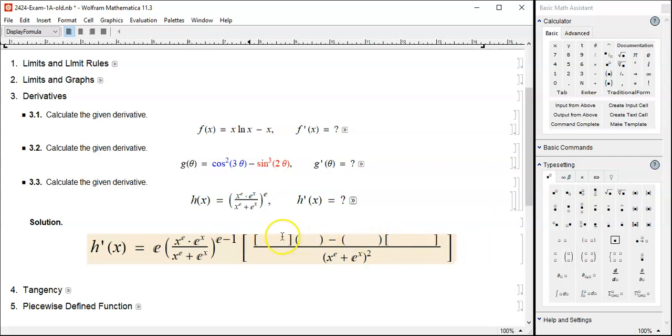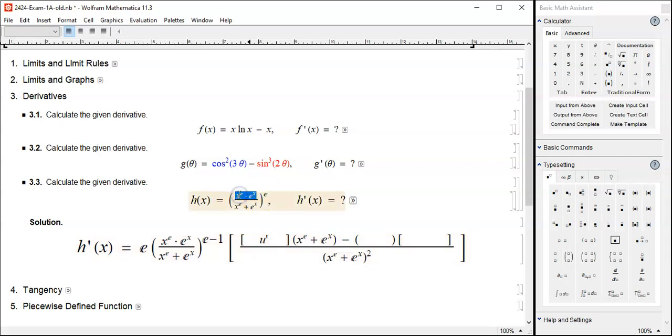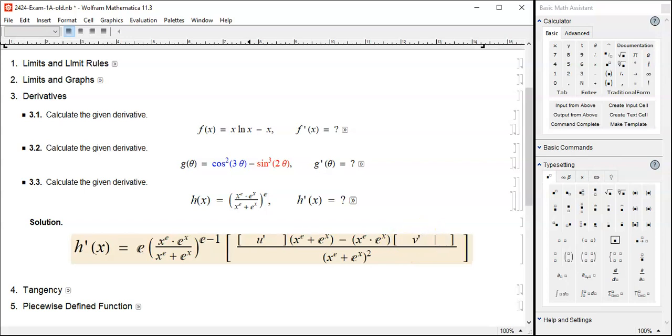So u prime, the derivative of the numerator, times denominator, numerator times the derivative of denominator. And the parenthesis part, let's just take care of those first. These are just copy and pasting. So u prime v, so u prime goes here, and then u v prime, so that's u, and then that's going to be v prime, the derivative of the denominator.